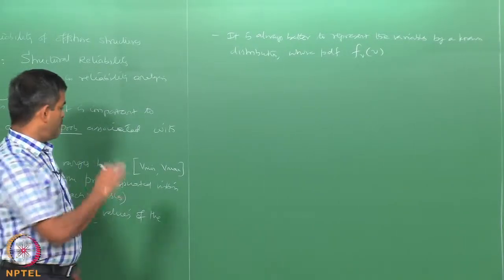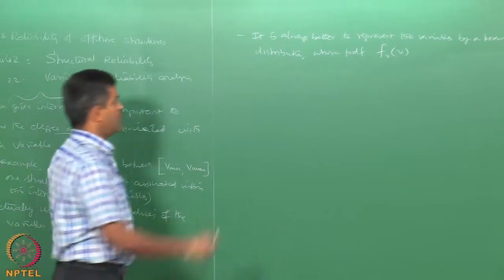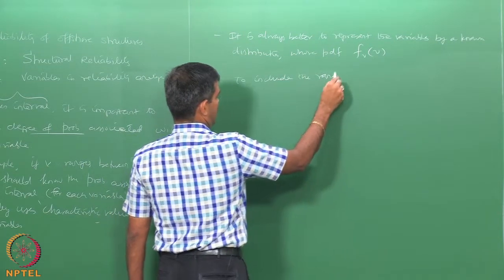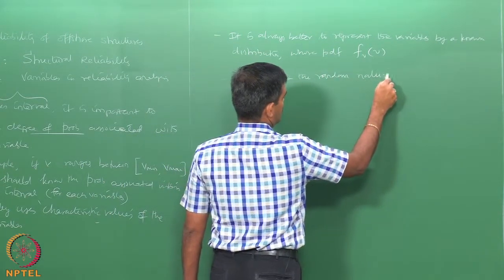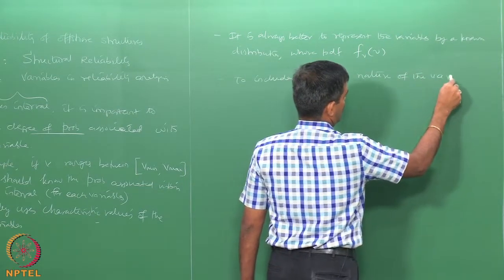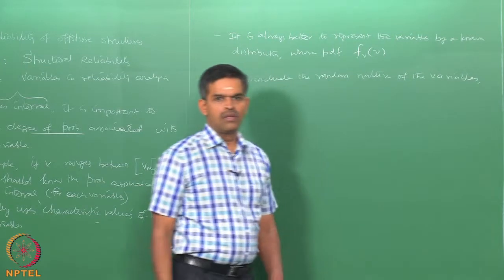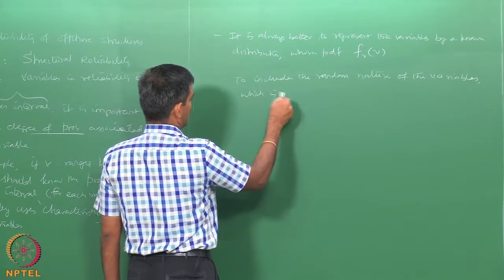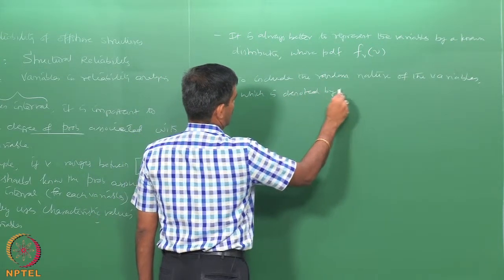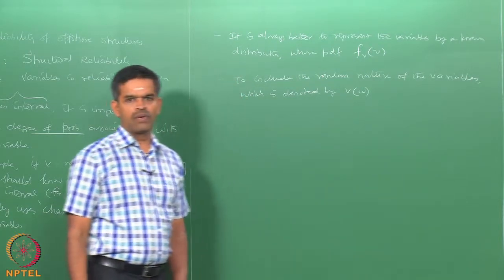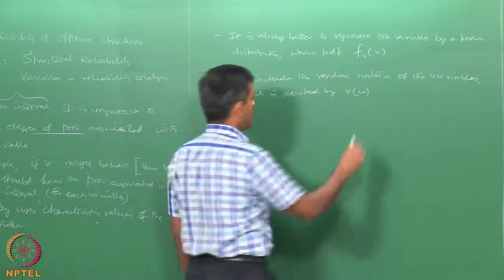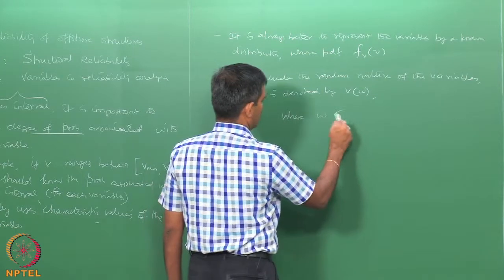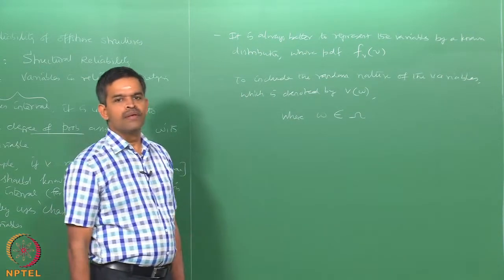But we all know that the variable has randomness in nature. Therefore, to include the random nature of the variable, it is denoted by, let us say, v of omega, where omega is an element of sigma, an event space.